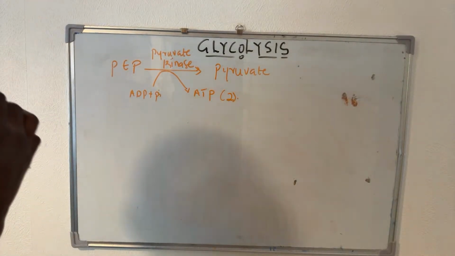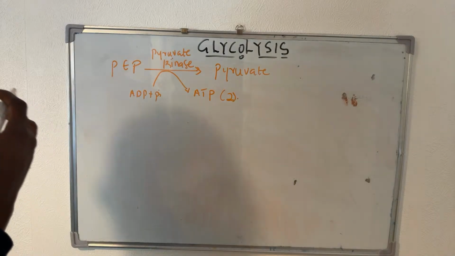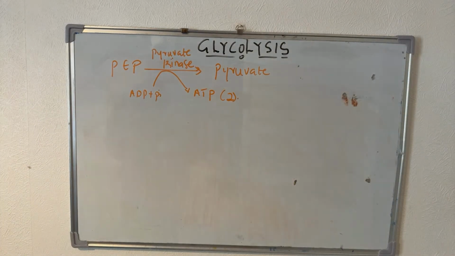Now, when you get to glyceraldehyde 3-phosphate, which is cleaved into 2, remember, it's from 1 molecule of glucose. Glyceraldehyde 3-phosphate can isomerize to dihydroxyacetone phosphate, and it can change back.